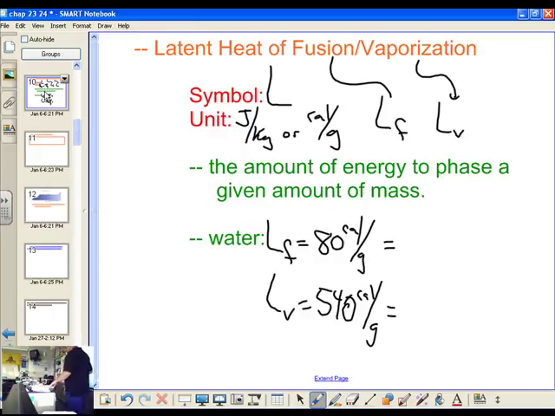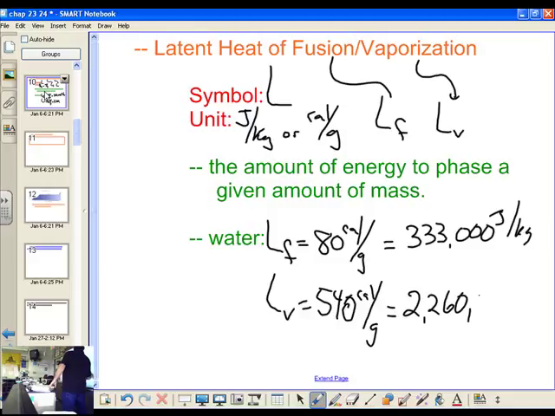In joules, this is 333,000 joules per kilogram. The latent heat of vaporization is 2,260,000 joules per kilogram.